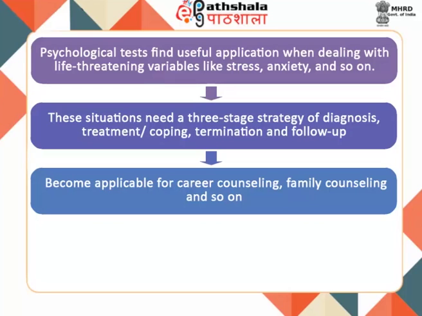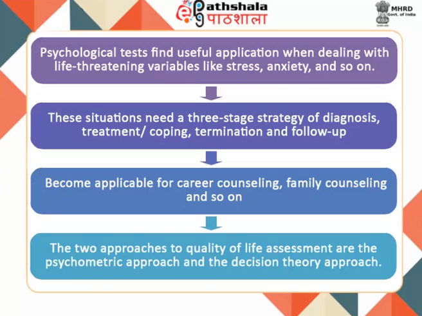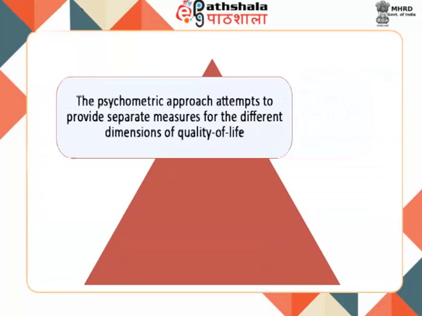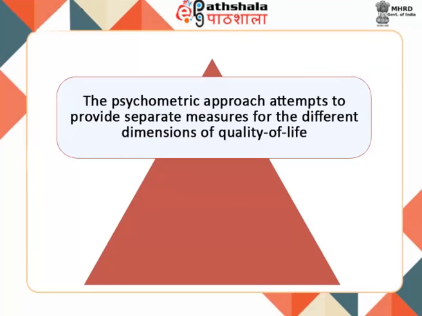Assessment of health-related quality of life is an important consideration in this regard. The two approaches to quality of life assessment are the psychometric approach and the decision theory approach. The psychometric approach attempts to provide separate measures for the different dimensions of quality of life. Perhaps the best known example of the psychometric approach is the sickness impact profile given by Bergner et al. in 1981.